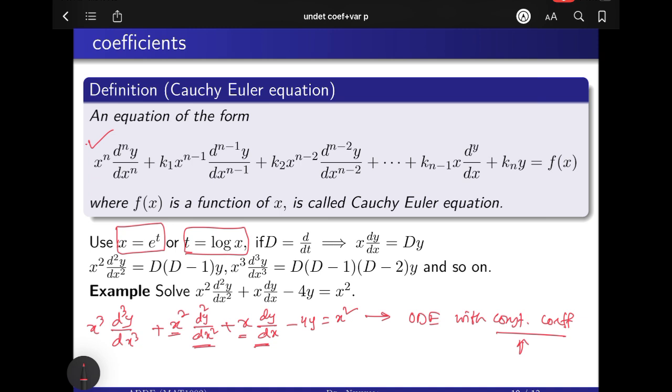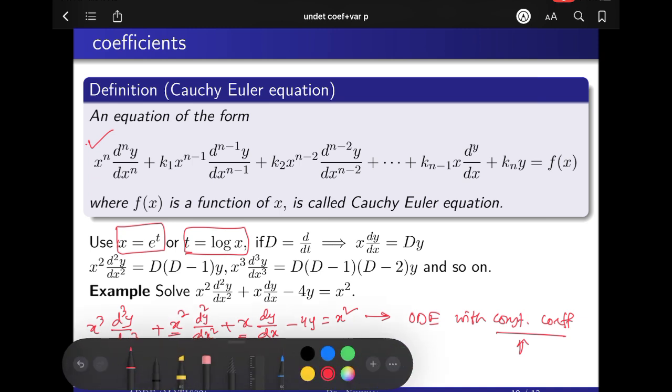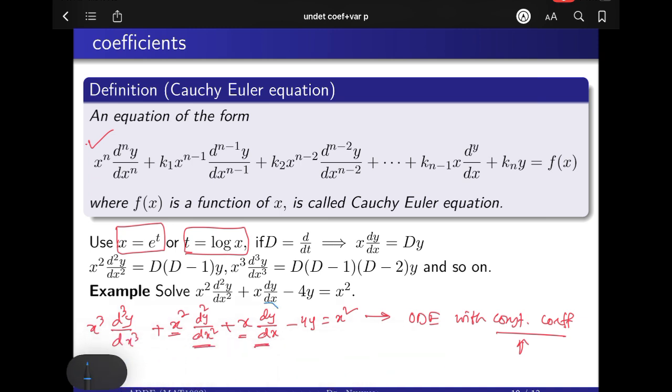Now whenever you have dy/dx, or d^2y/dx^2, d^3y/dx^3, these terms you have to replace in terms of dy/dt. And how can we replace this? Based on this substitution, we'll have the form.